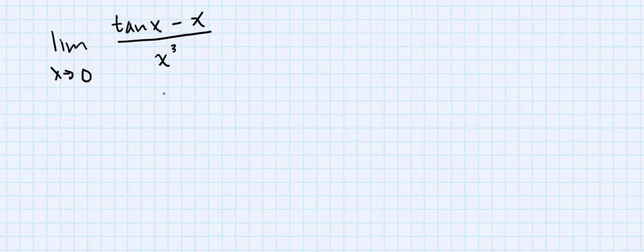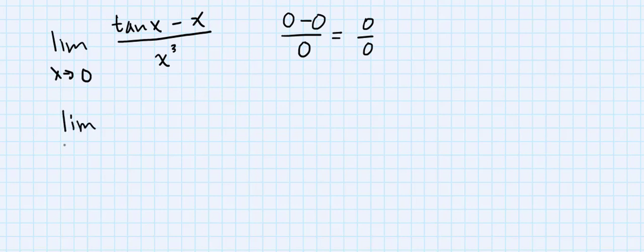Now let's do something more challenging. When you look at this example, when you plug in 0, what is tangent of 0? It's going to be 0 minus 0 over 0. So you have 0 over 0, which is indeterminate. So what do we apply? That's right, L'Hopital's rule.